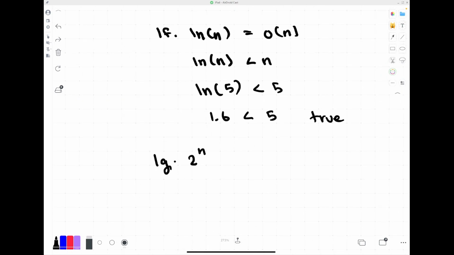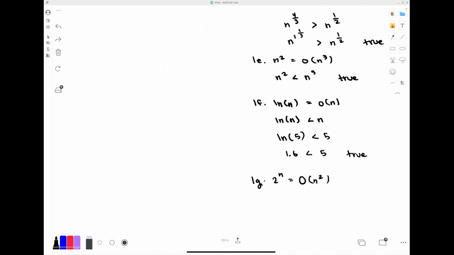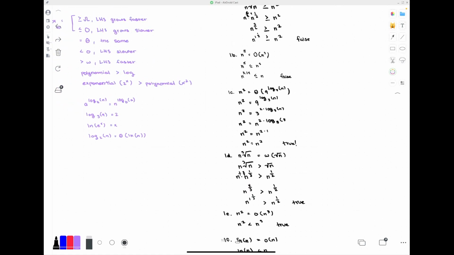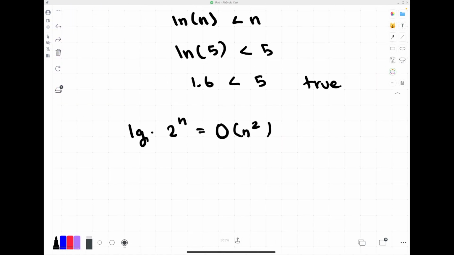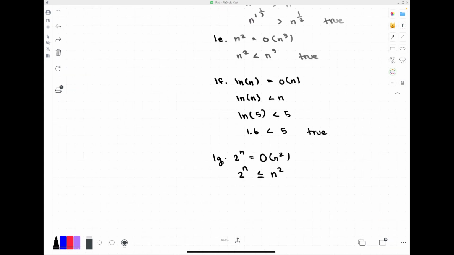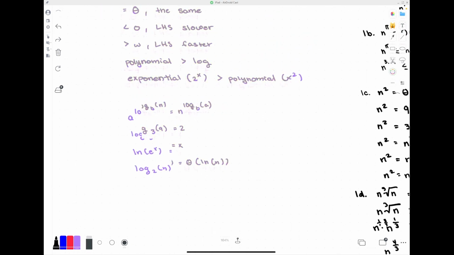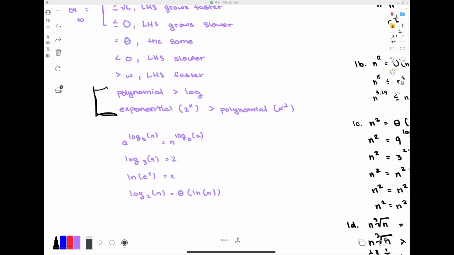Okay, so now we go on to 1g. 2 to the n is equal to big O n squared. And big O is less than or equal to. So is this less than or equal to n squared? Well, actually, if we look at this, this looks like one of our definitions.